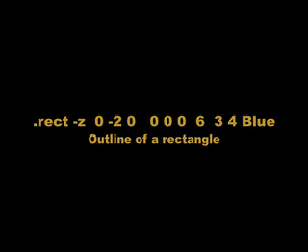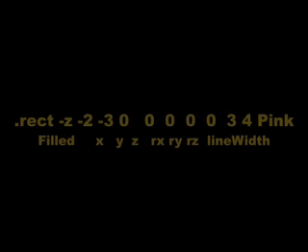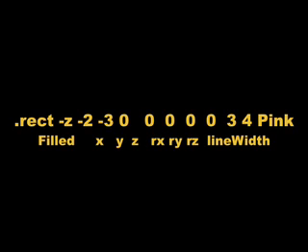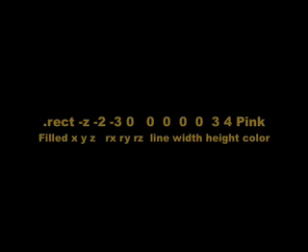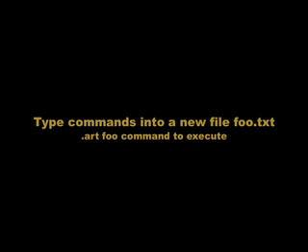Then we have a line width, then a width, and a height, and a color. If the line width is 0, you get a filled figure, and if the line width is non-zero, then you get an outline figure. This is a nice option for drawing outlines and then putting titles in the middle of the empty space.